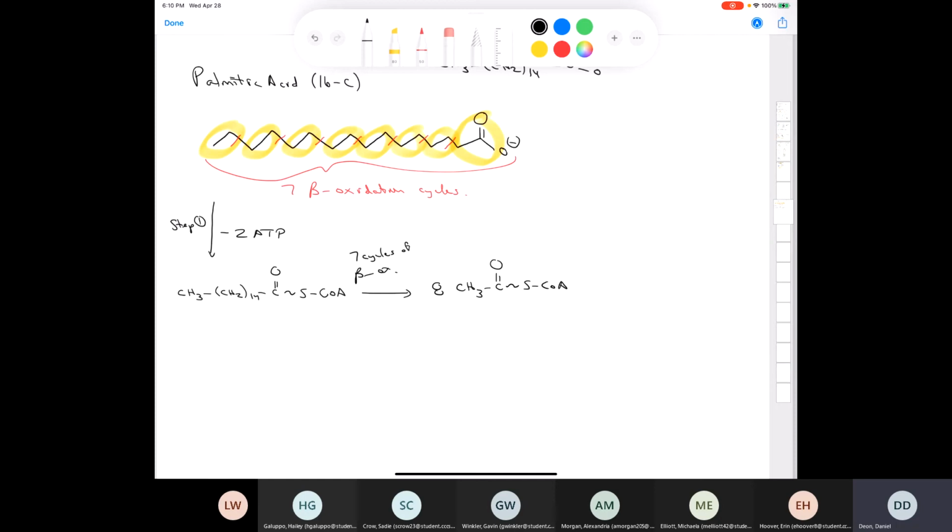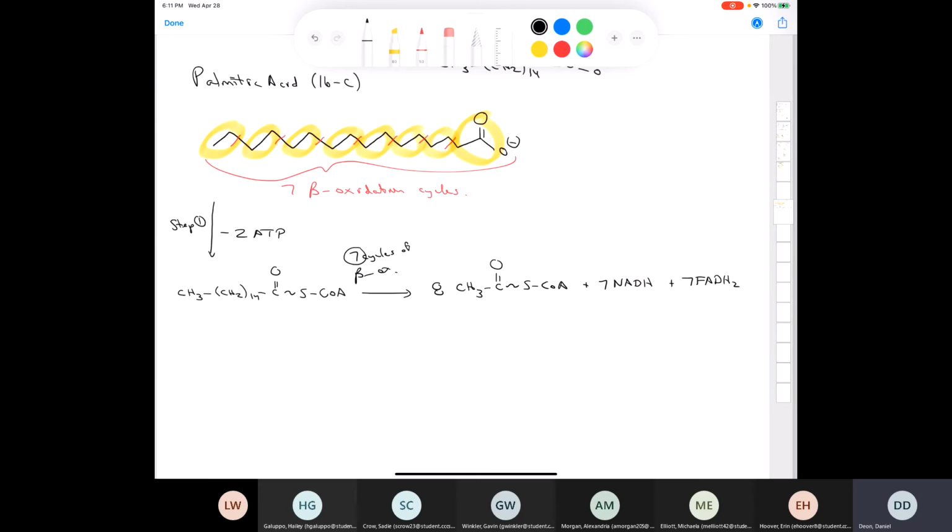Well, remember that every time we did the beta oxidation cycle, we produced what? 1 molecule of NADH, and we produced 1 molecule of FADH2. So that means that we also made 7 NADH molecules in the 7 cycles of beta oxidation, plus 7 FADH2s.